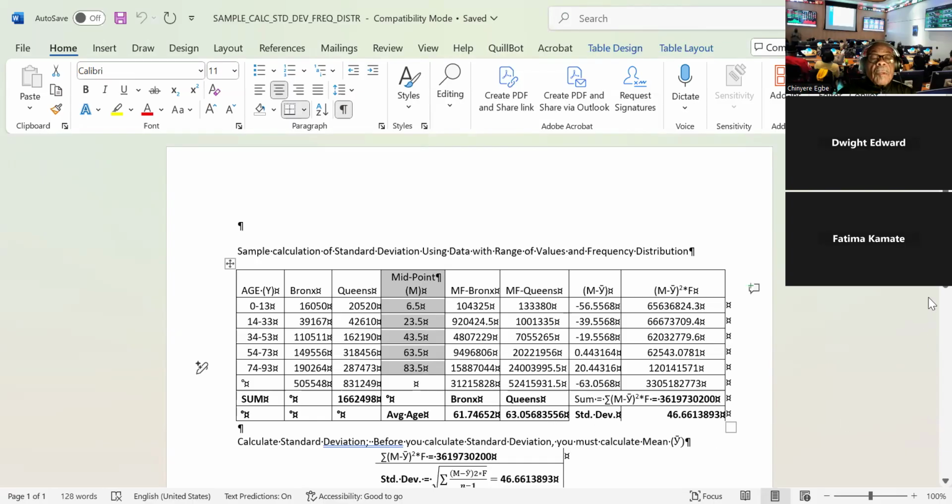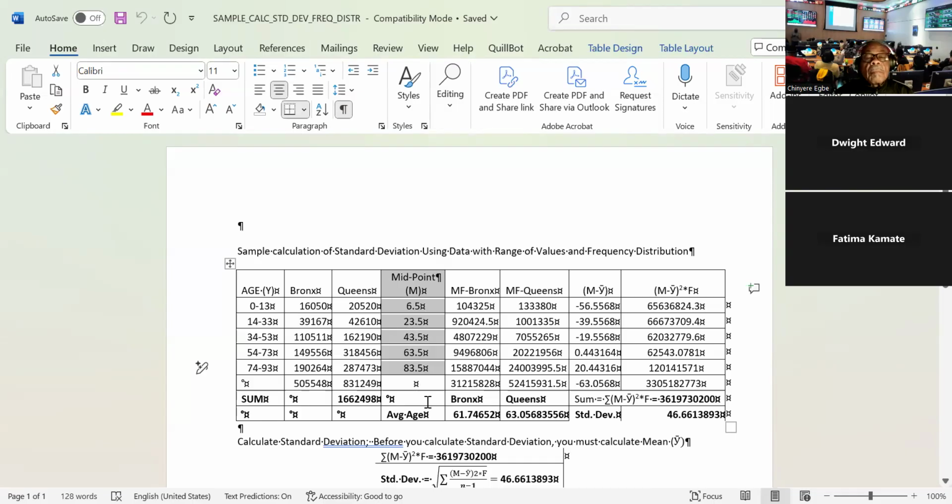Then you use that midpoint. You see here, Bronx, 16,000 people, their age is between 0 and 13. 39,000, their age is between 14 and 33, and so forth. So the midpoint for 0 to 13 is 6.5, and it is 23.5 for 14 to 33, and so forth.